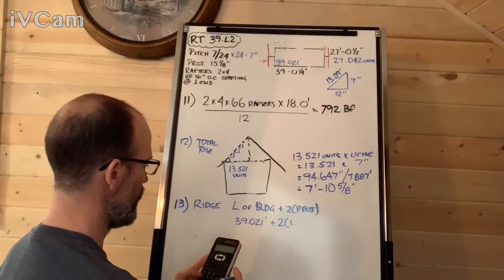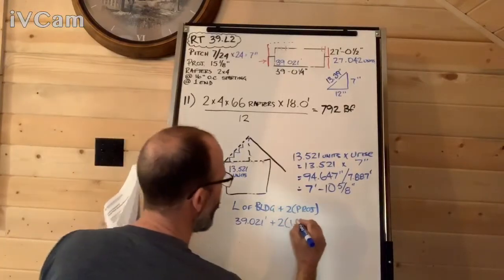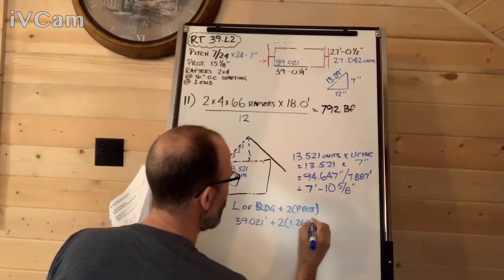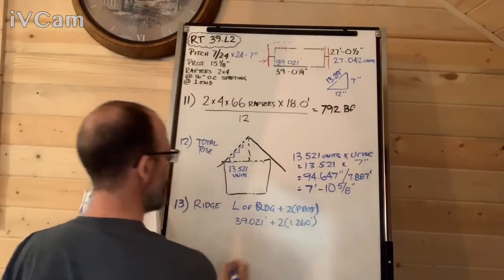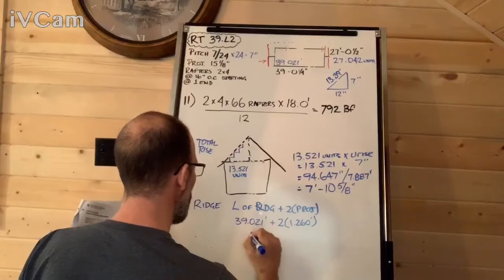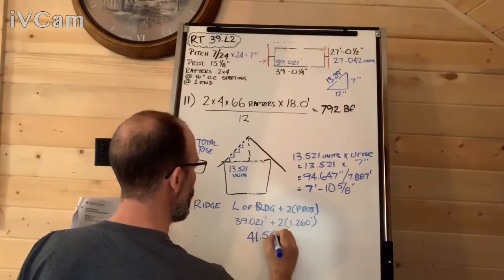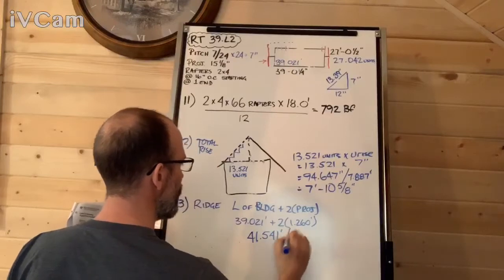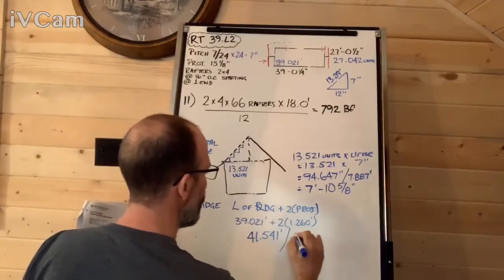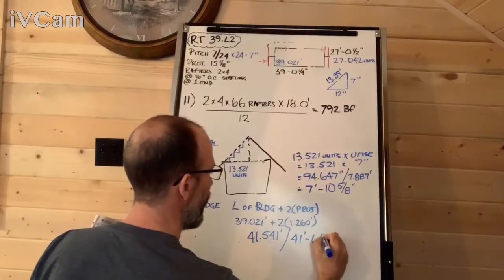Divided by 12 equals 1.260. Just to make sure, 1.260 feet. When I put those all together, I end up with 41.541 feet, which is the equivalent of 41 foot 6.5 inches.